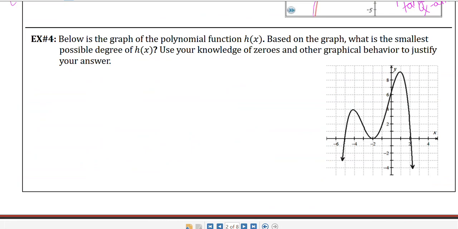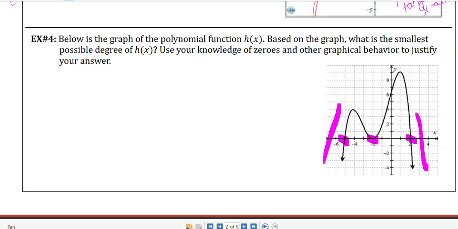So number 4 is asking us to look at the graph, and based on the graph, it asks us what's the smallest possible degree of h(x), using our knowledge of zeros. Well, if we look here, here's a zero, here's a zero, and here's a zero. This one just passes through, and this one passes through, so that means it has to be an odd degree.